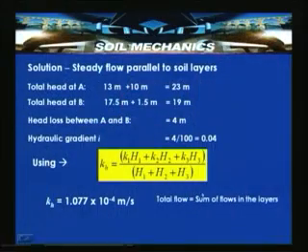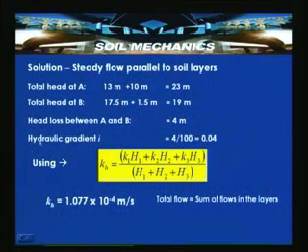Using the expression we have derived, the equivalent coefficient of permeability in the horizontal direction is equal to K1 H1 plus K2 H2 plus K3 H3 divided by H1 plus H2 plus H3, because we have 3 layers under consideration, so n is equal to 3. Total flow is equal to the sum of the flows in the layers, obtained by again conforming to Darcy's law, Q is equal to KIA.